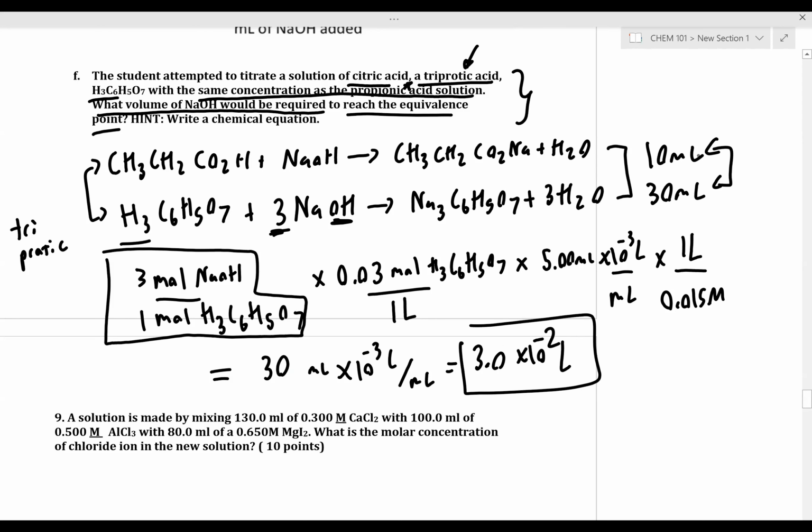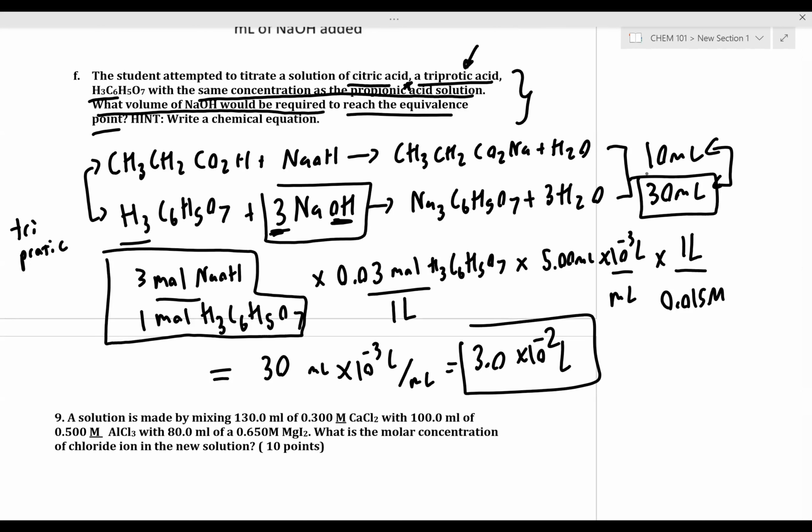30 mils is how many times 10? 3. What is the difference in our mole ratio? Does it require 3 times the amount of NaOH for our triprotic acid? Yes, so then does it require 3 times the volume of NaOH for our triprotic acid? Yes. So the key thing is you don't necessarily have to go through and fully compute the exact volume.